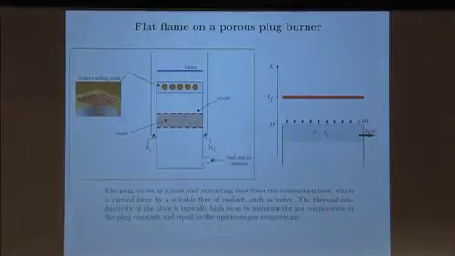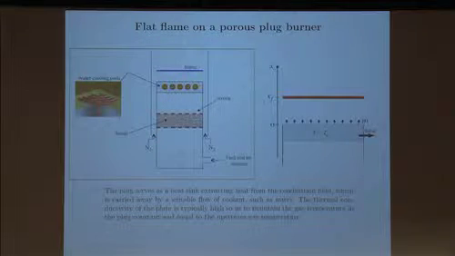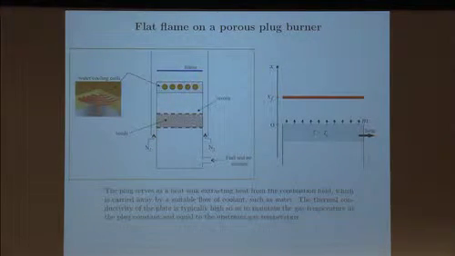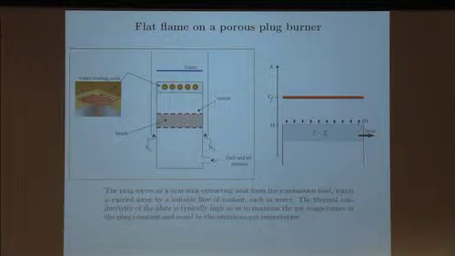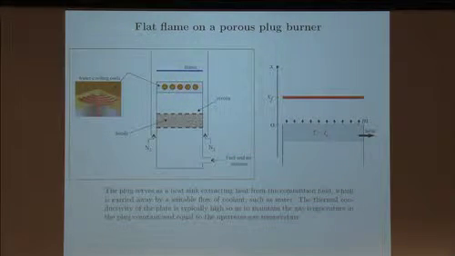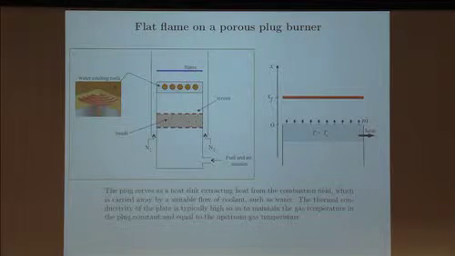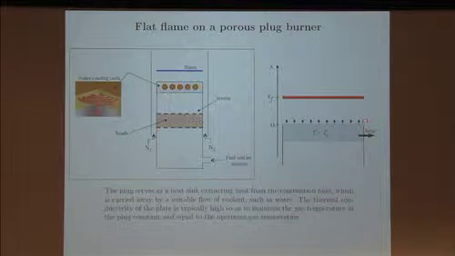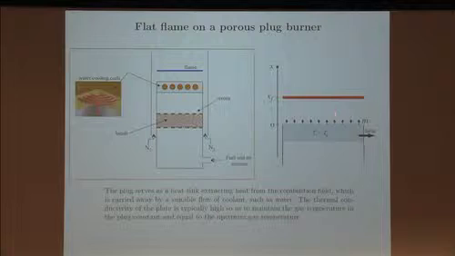And by the way, typically you also introduce some nitrogen here to avoid disturbances from the end and to maintain the flame flat and so on. Those are experimental considerations. So this is the problem that we want to focus on. We have a given mass flow rate or a given mass flux of fuel and oxidizer, or mixture, coming out of the plug.